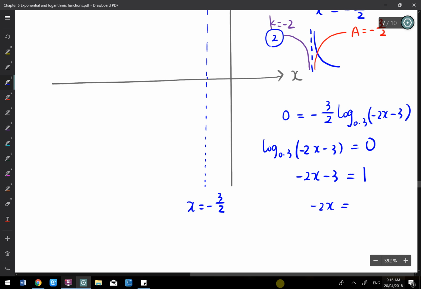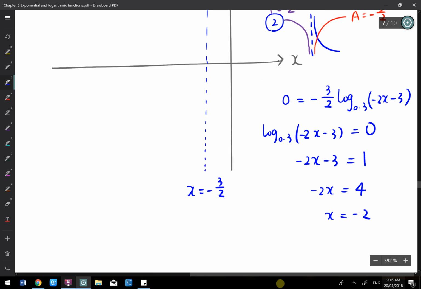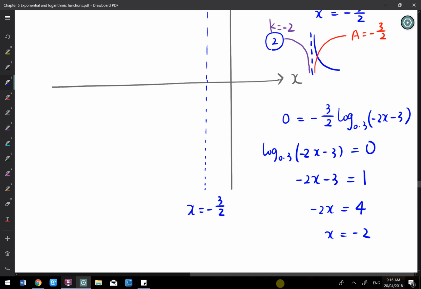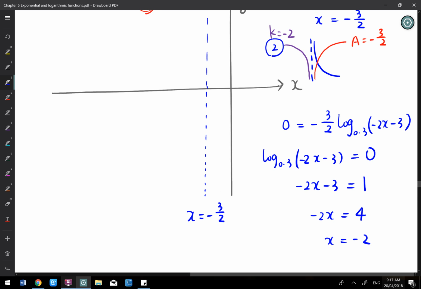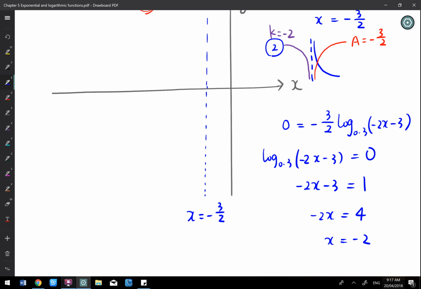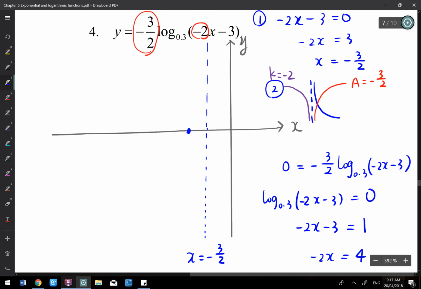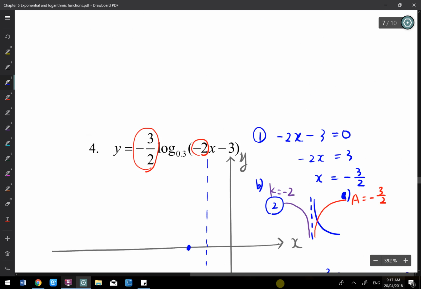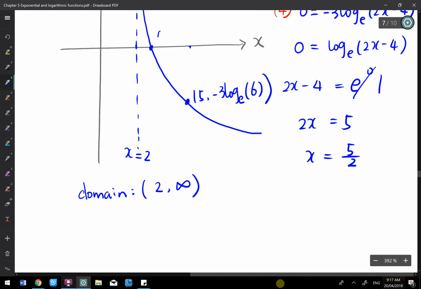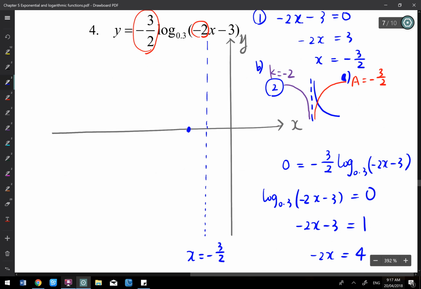Minus 2x equals 4, x is minus 2. Which is this point here. How to label the point? That point is minus 2 comma 0.